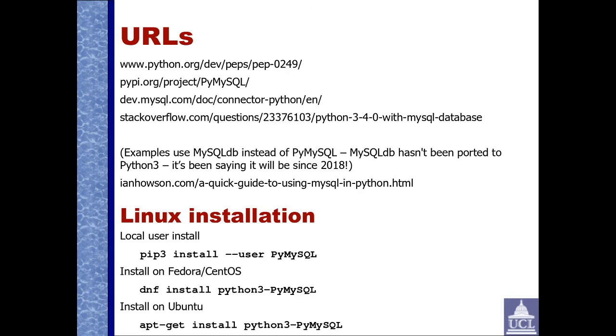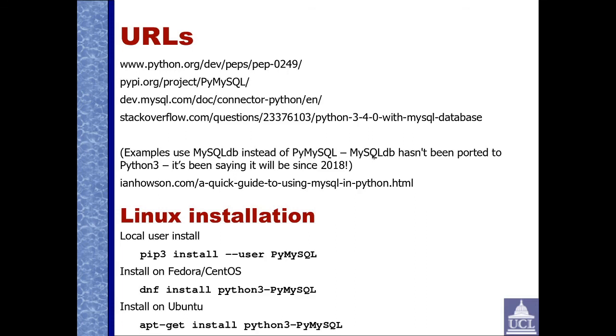Here are some useful URLs. So the PEP249 standard that I mentioned at the beginning, the PyMySQL project, this is the Python connector, and the fact that it's not supported for later versions of Python, some general questions about using Python with a MySQL database, and here's quite a nice tutorial, but it uses MySQLDB instead of PyMySQL.